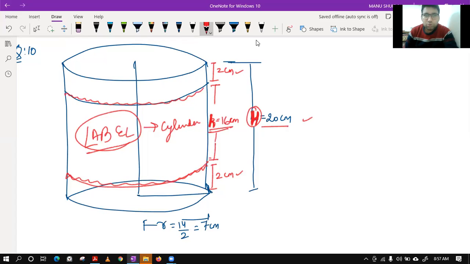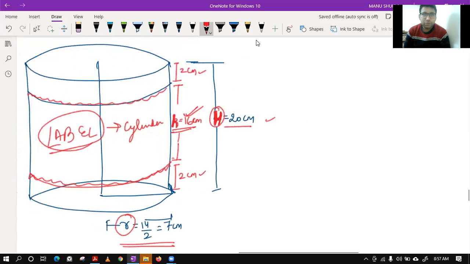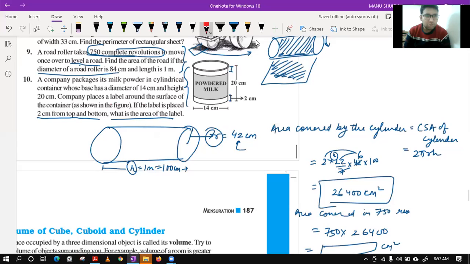Now the radius is same or different? I think radius will not change. We can use the same radius because the label is of negligible width. So we can take the same radius 7 and this new height. We have to find the curved surface area, which is the area of the label.